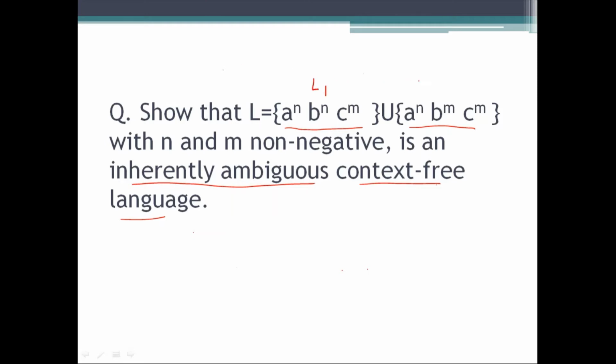Let us think of this as the union of two languages.